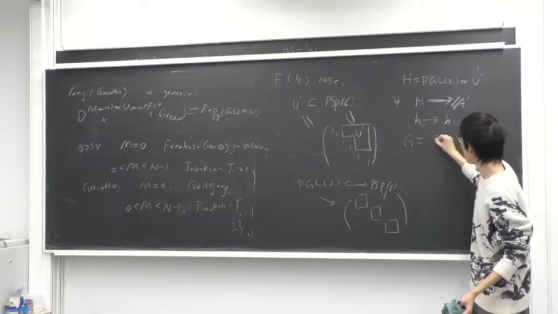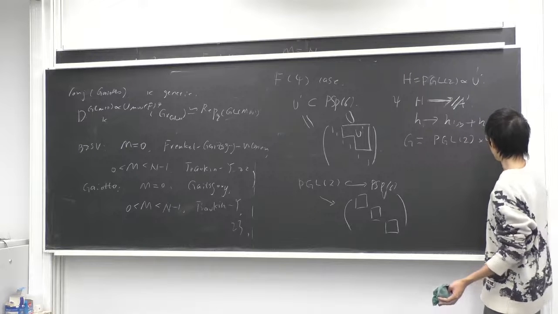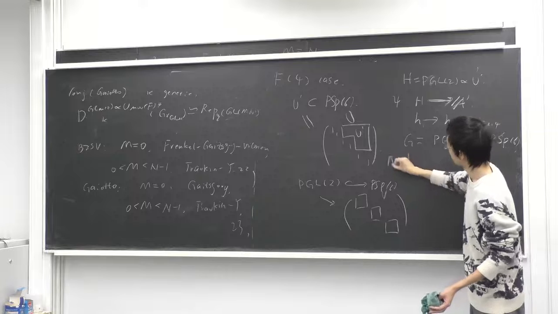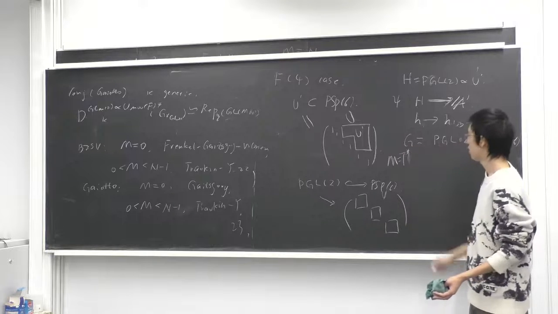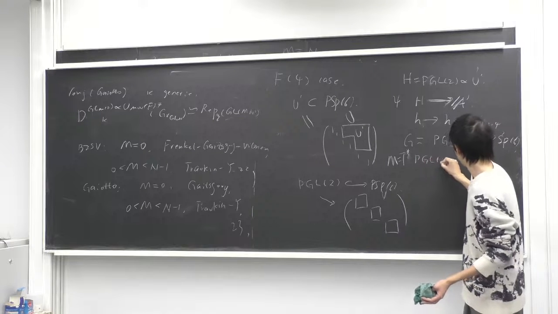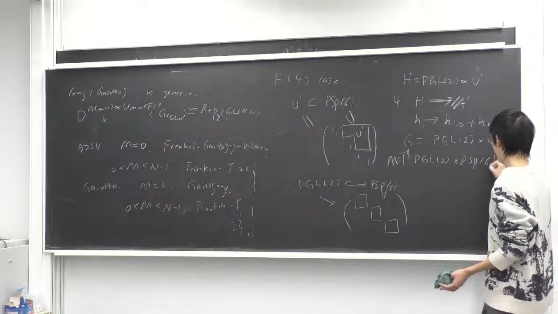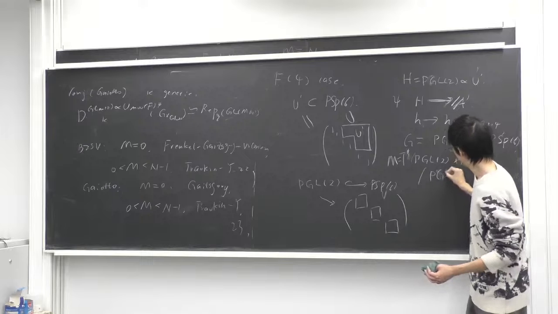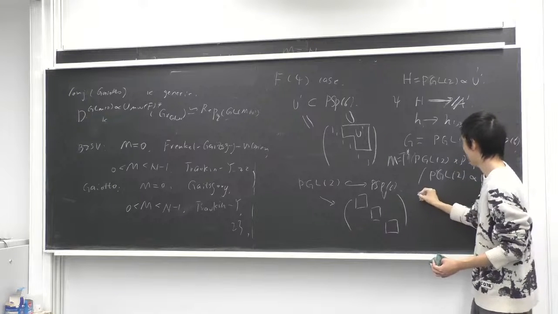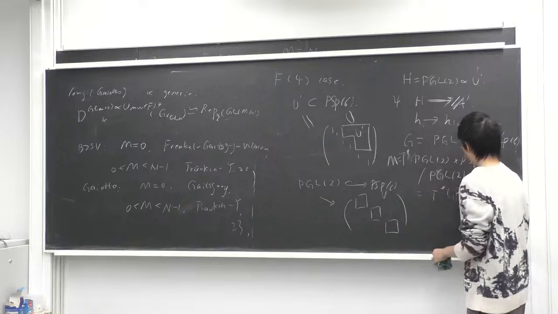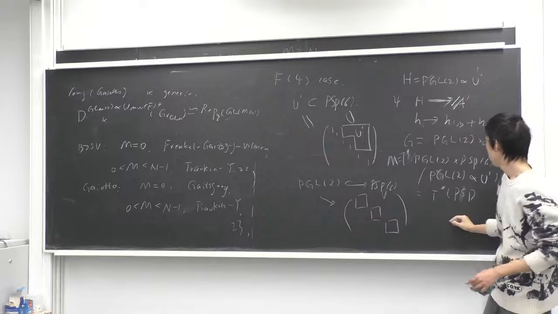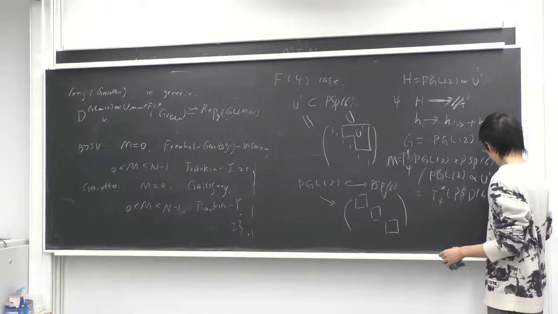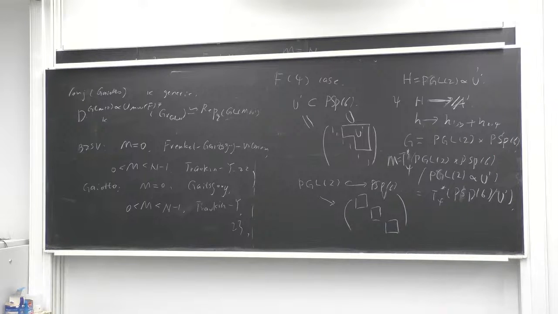So through this way, you can formulate a hyperspherical variety. Your G is PGL2 times PSp6, and your H is this H. So your M is the twisted cotangent bundle on PSp6 quotient U prime. That is the hyperspherical variety on the left side.